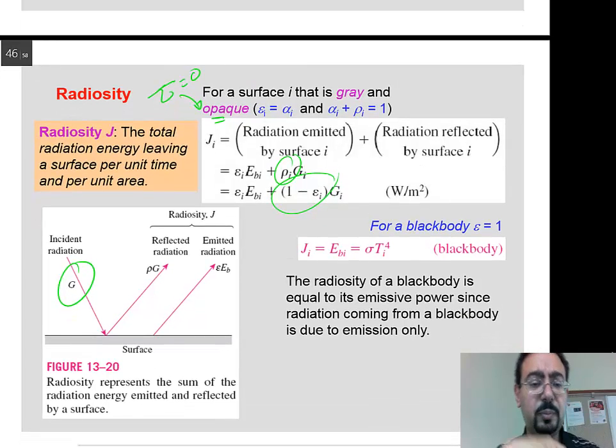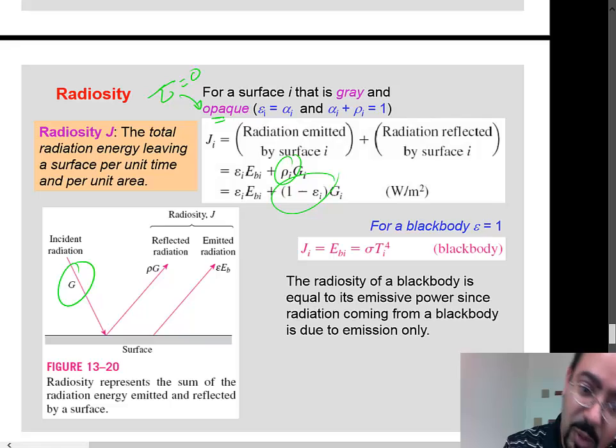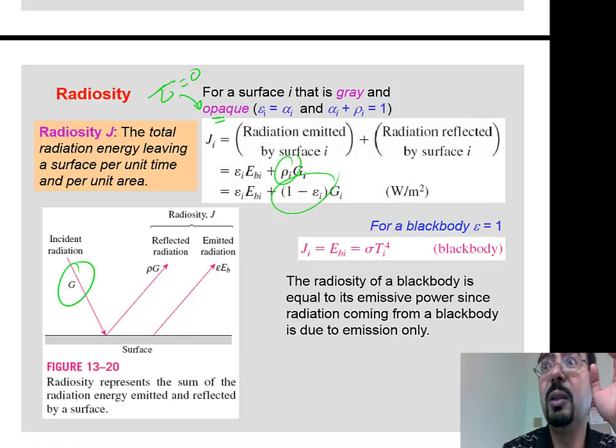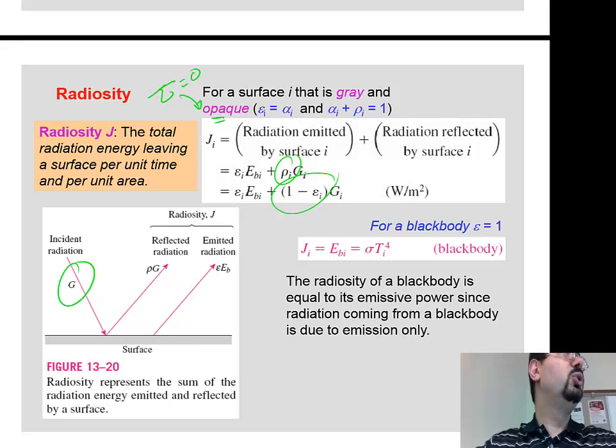So now let's see the radiosity and how it will solve this problem, how it will make the problem very similar to what we had earlier in the course when we would say Q is just delta T over R. Here we'll say that Q is 2 J's divided by the resistance between them. Alright? So what is the radiosity J again?